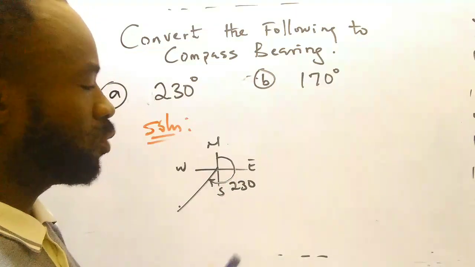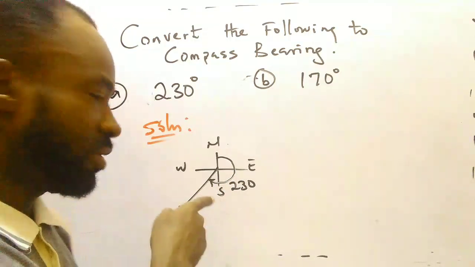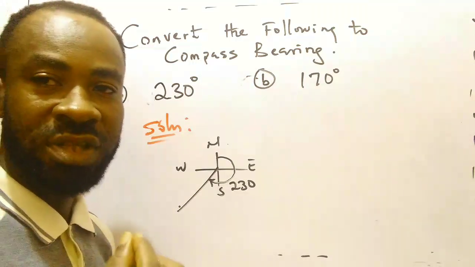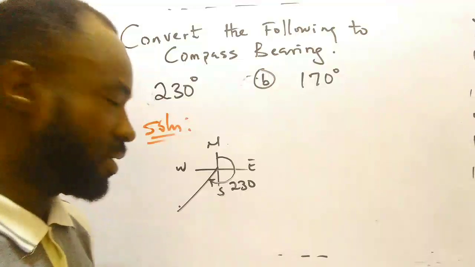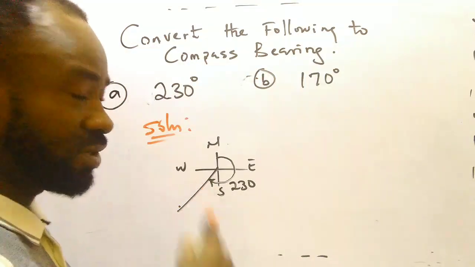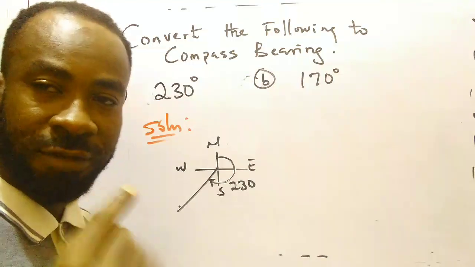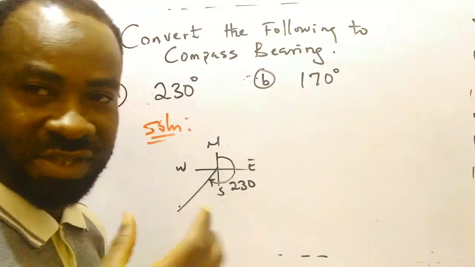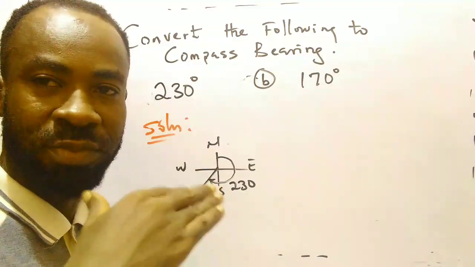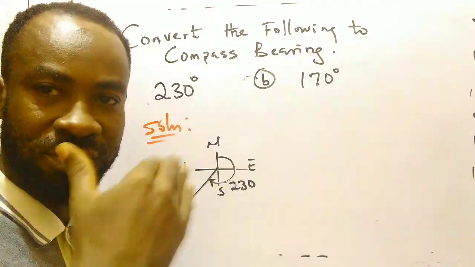Now, if we want to get the compass bearing of this, the compass bearing is always measured from either north or south. This angle is closer to south. Another feature of the compass bearing is that the angles are always acute angles, below 90 degrees, from 0 to 90.